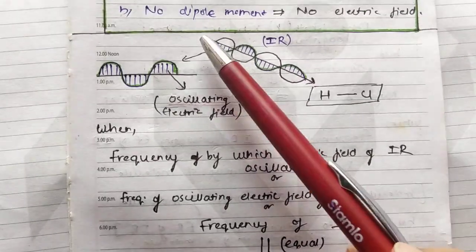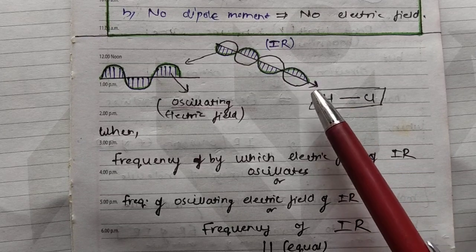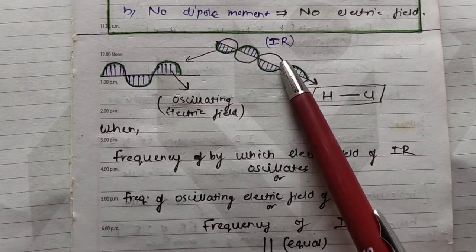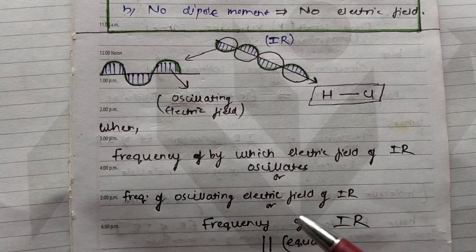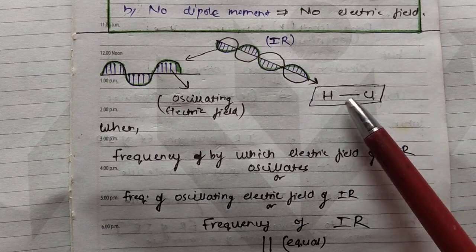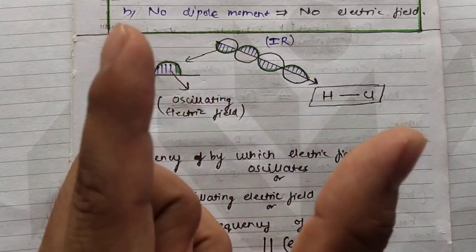So when the frequency of the incident IR radiation is equal to the frequency by which the molecules vibrate, there is some frequency of vibration of molecules.